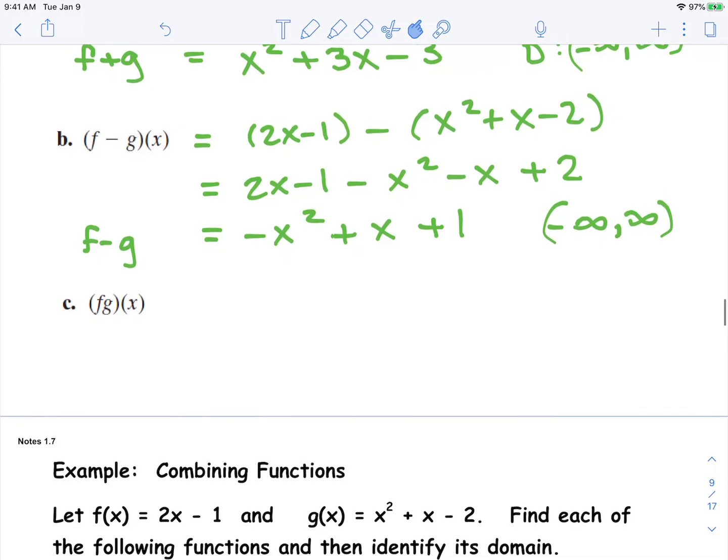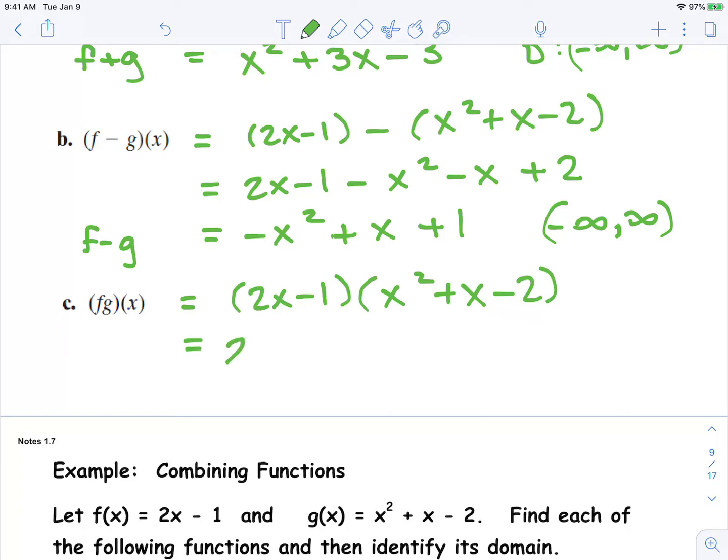Part C, multiplying the two functions together. So we have to distribute the binomial to the trinomial. So we're going to take 2x and distribute it. So there's distributing the 2x. Now we're going to distribute the negative 1 to the second parentheses.